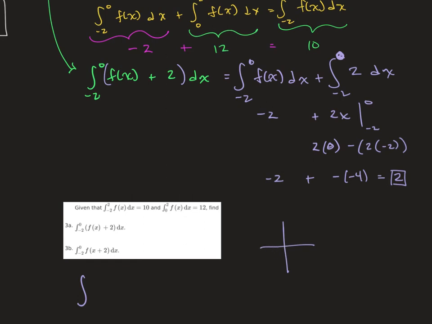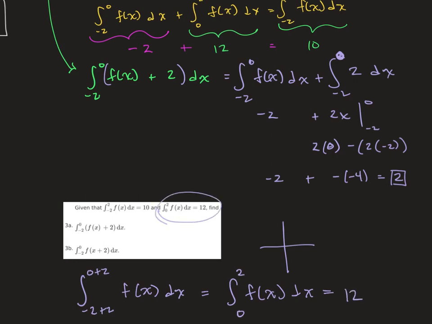The entire thing is just going to shift over by 2. So it's really going to end up being the same thing as the integral from negative 2 plus 2, 0 plus 2, of f of x dx, which means that you just have the integral from 0 to 2 of f of x dx, which is just going to be 12, because they told you that in the original problem. Voila.